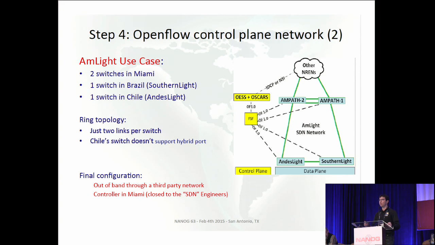This is where out-of-band is a problem. So we had to rely on another academic network to provide just 1 IP address and a 1 megabit per second link connected to our switch, so we can reach it to install the flows and make the network work. But this might be a problem for some of you, and maybe you have to pay for this out-of-band if you don't have this kind of partnership.